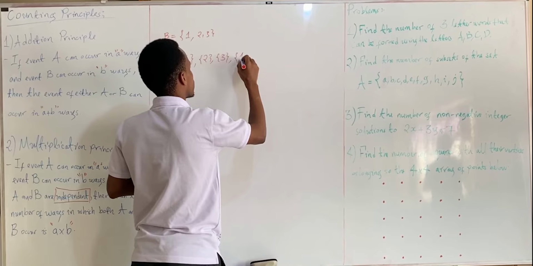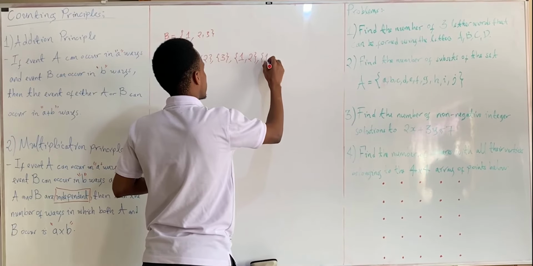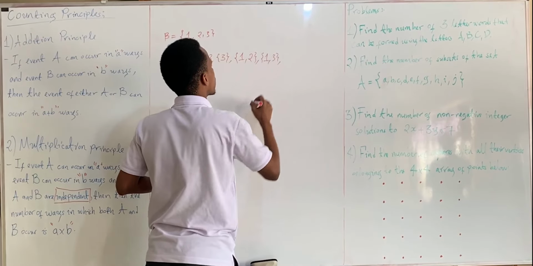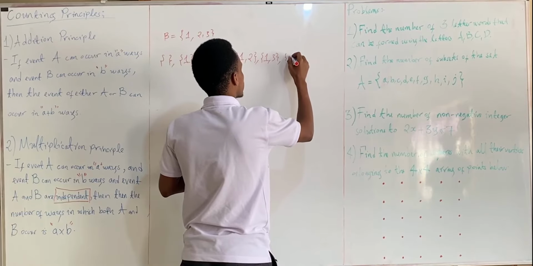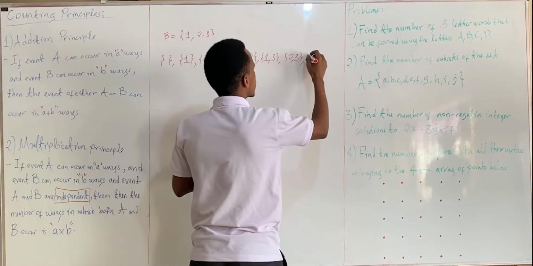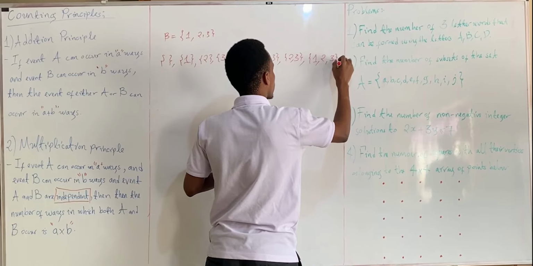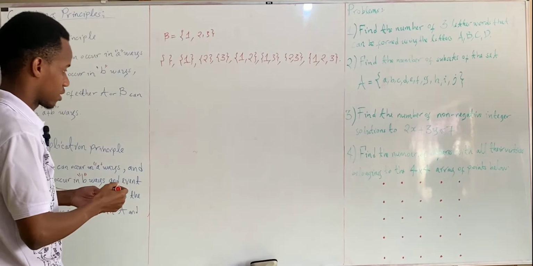And then you can go into 1 and 2, and then 1 and 3, and then 2 and 3, and then finally the entire set.